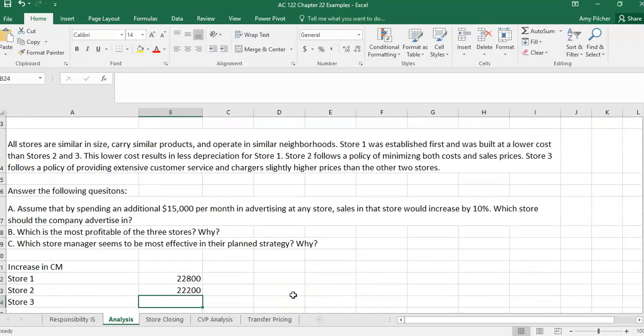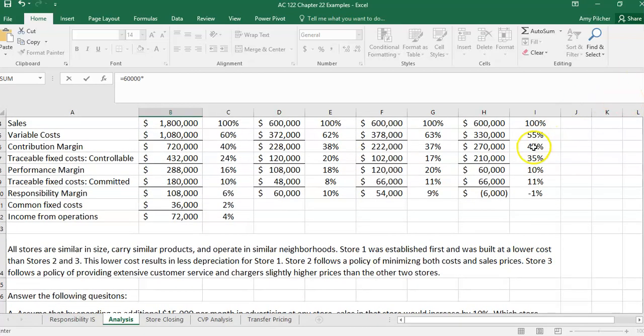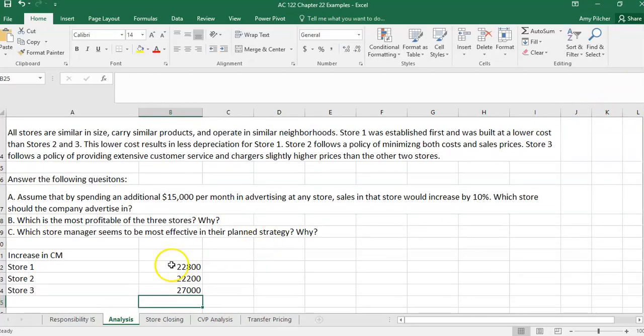And store 3 is that increase in sales, 60,000 times the contribution margin of 45%. What we can see here is that we get a higher amount of contribution margin increase in store 3. So if we can only spend an additional $15,000 per month advertising any single store, that store should be store 3.